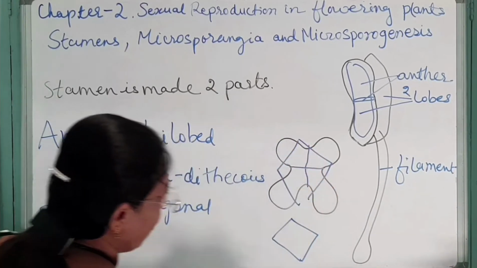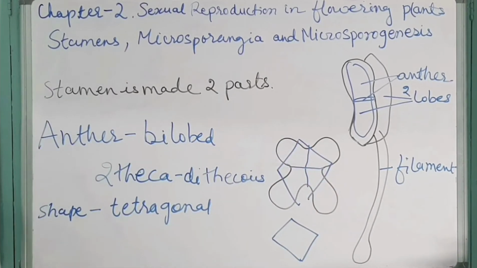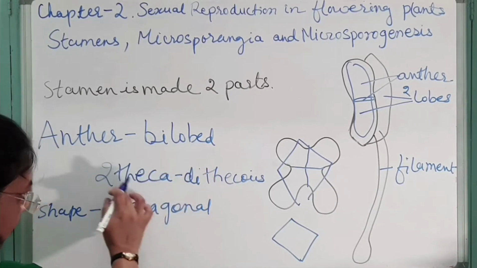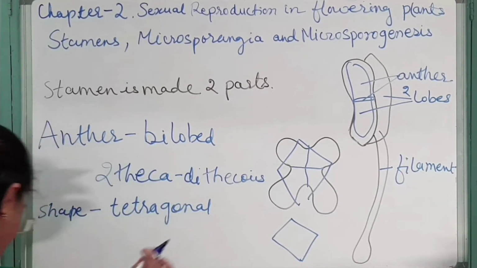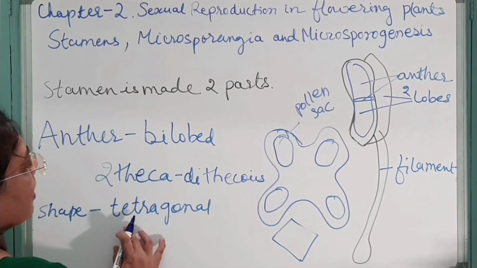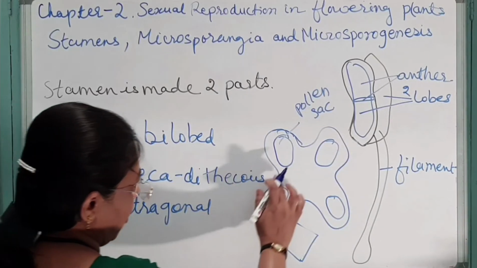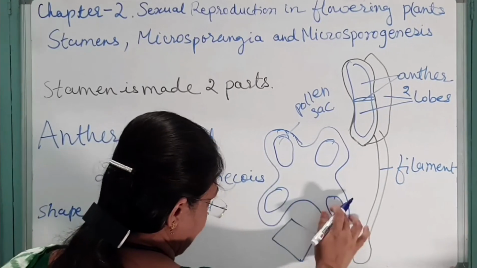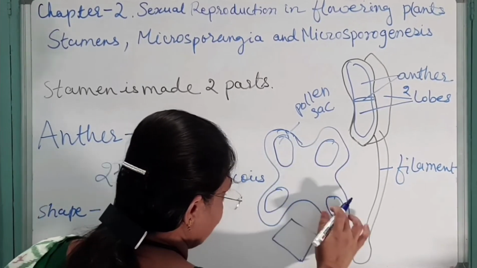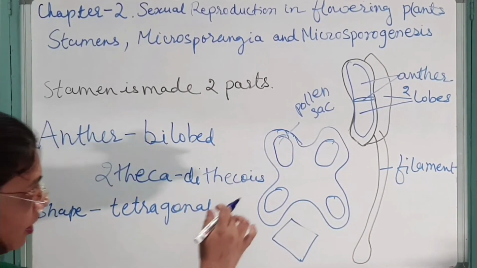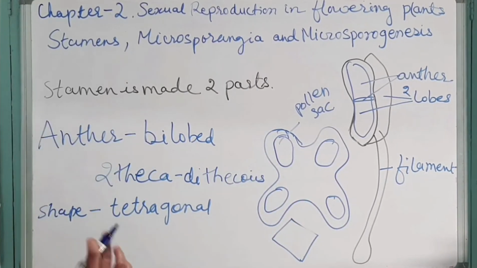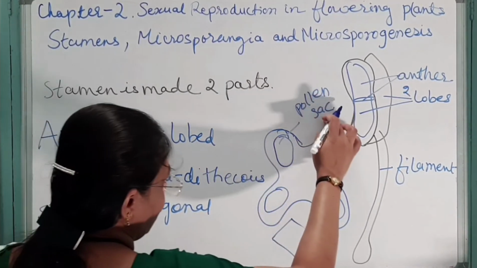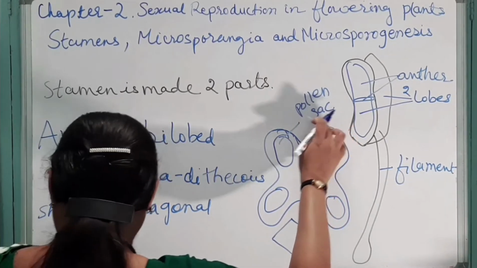So anther is bilobed, anther is dithecous and its shape is tetragonal. Anther, which is tetragonal, has four microsporangia lying on the four corners of the anther. These microsporangia are also called pollen sacs.